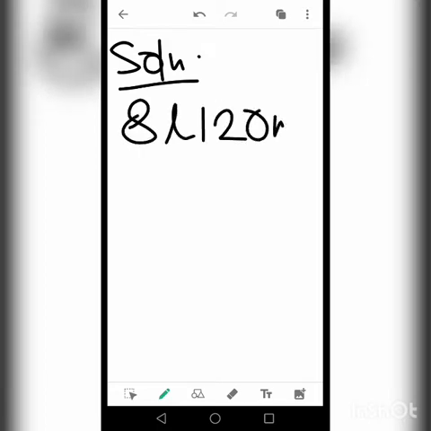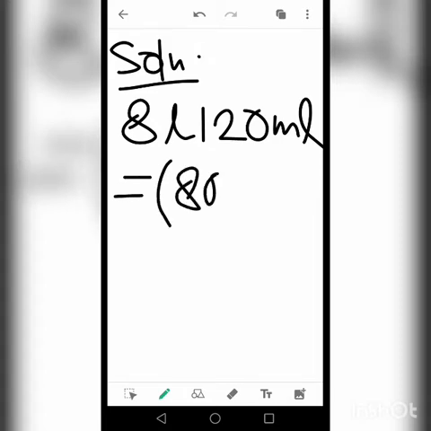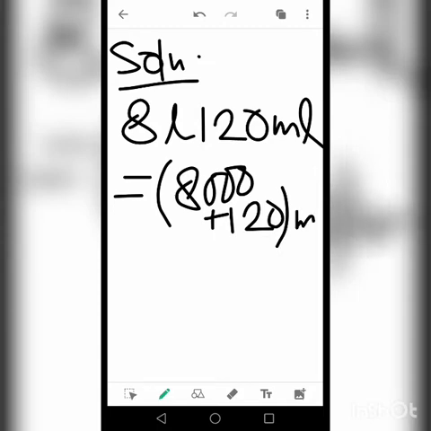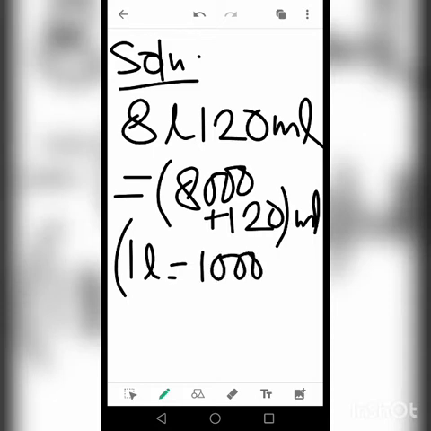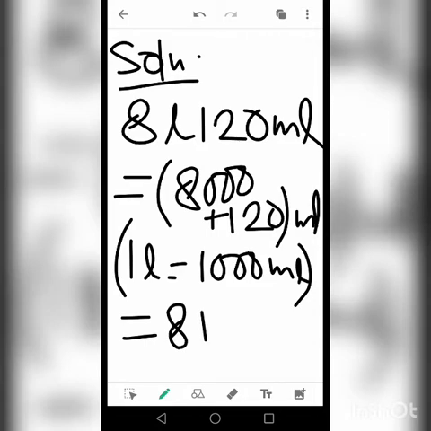So 8 liter 120 milliliter I can write as 8000 plus 120 milliliter, since 1 liter is equal to 1000 milliliter. So it becomes 8120 milliliter. Now I will divide this 8120 milliliter by 8.